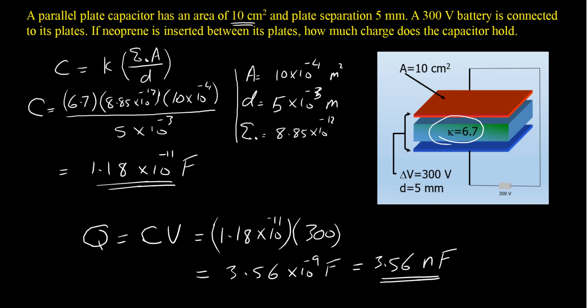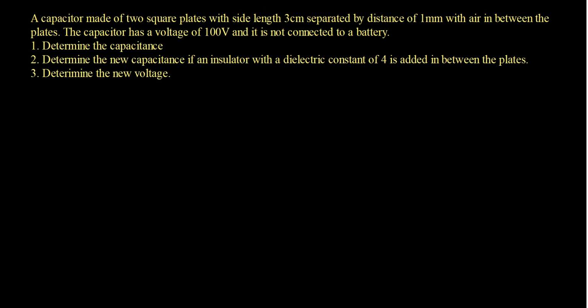Okay? All right. The second example, we have a capacitor made of two square plates with side length 3 centimeter separated by a distance of 1 millimeter with air in between the plates, right?